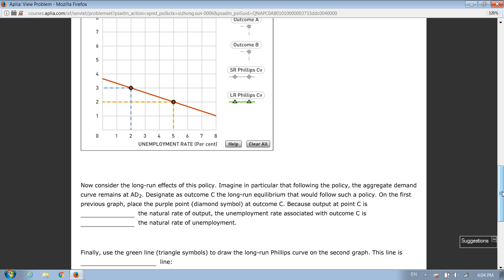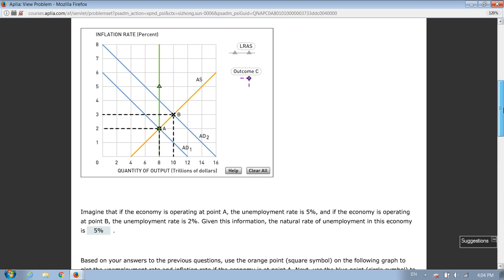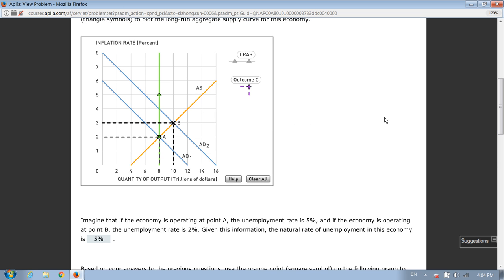In the long run, the economy will move from B to C such that output goes back to its natural level, so it's 8 trillion, and the inflation rate increased to 4%.